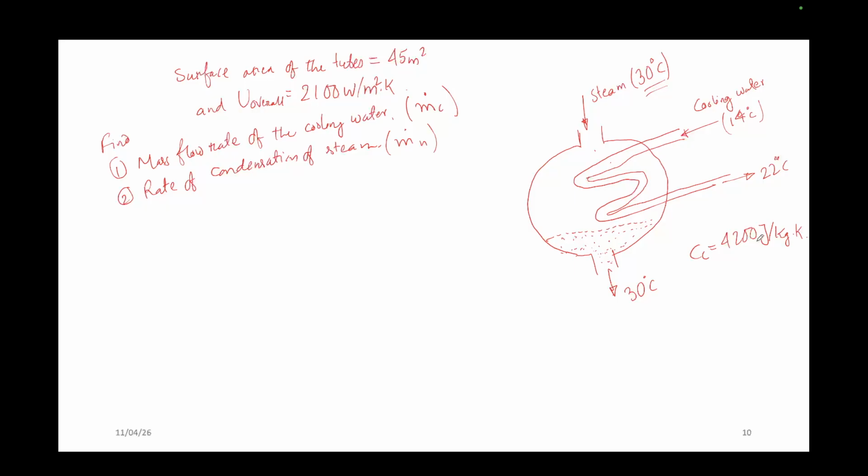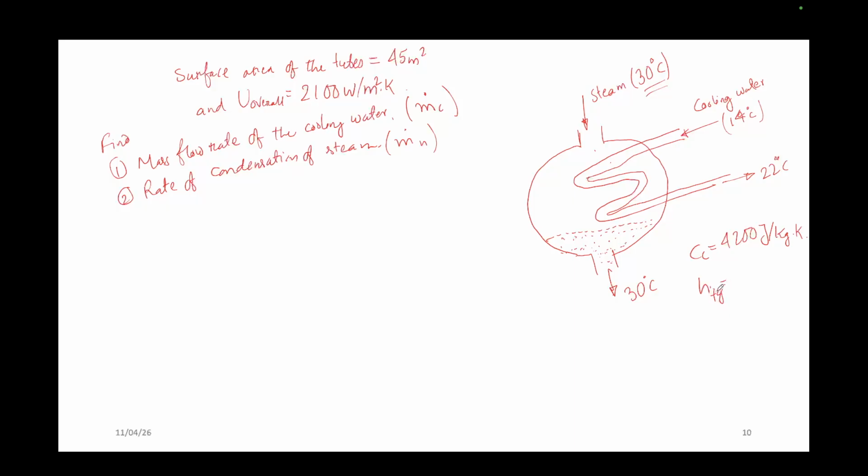Sometimes if the value is not given, they will provide you with the steam table and all these things, and in those cases also you can find it out. Another thing: if it is not given in the question, you can assume hfg yourself, because steam is converting into liquid, so there should be latent heat of enthalpy.